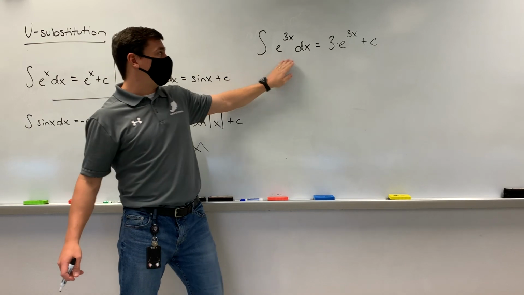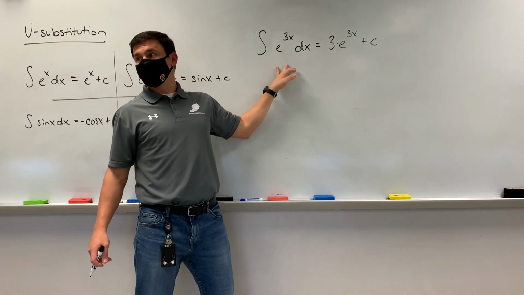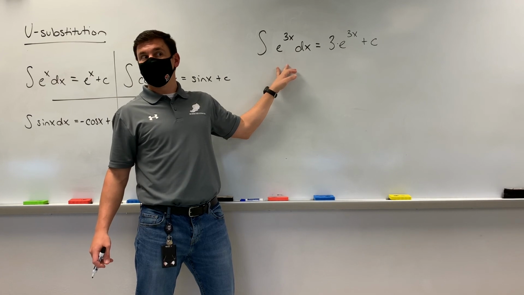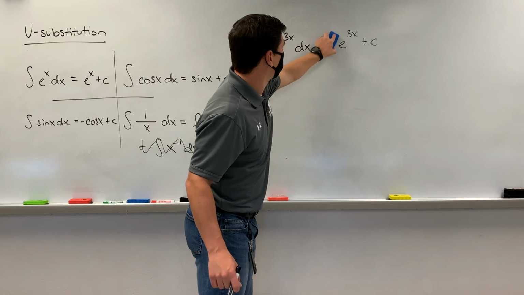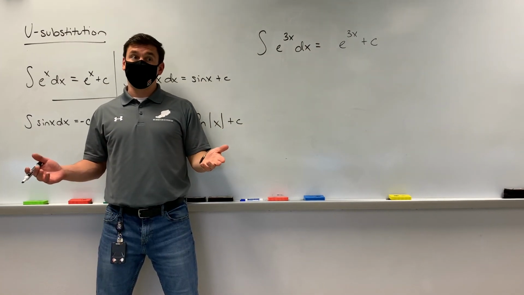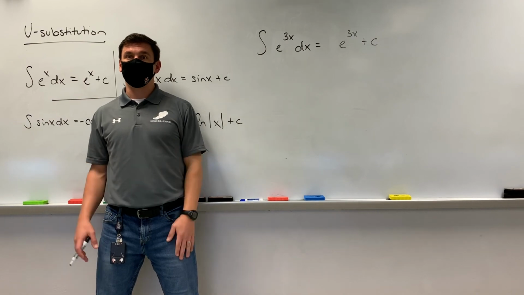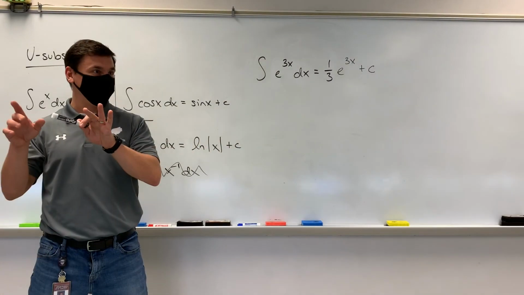Are you with me that the derivative of this function would really be 3e to the 3x? Yeah? Okay, so how do we change this so that we get rid of it? Bingo. 1/3 e to the 3x.